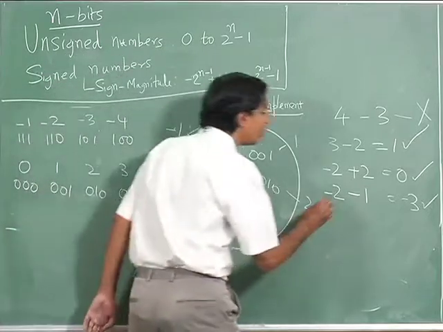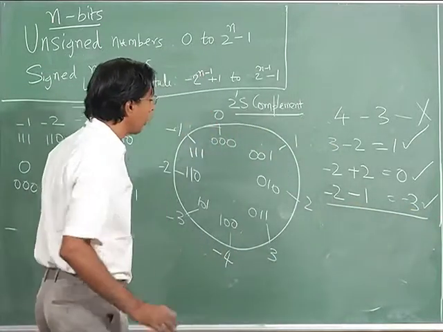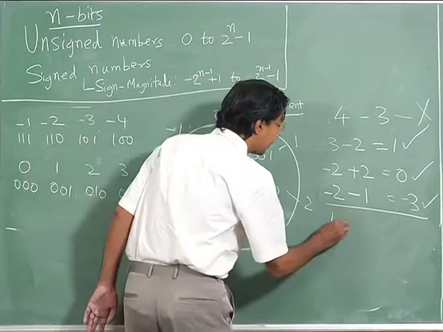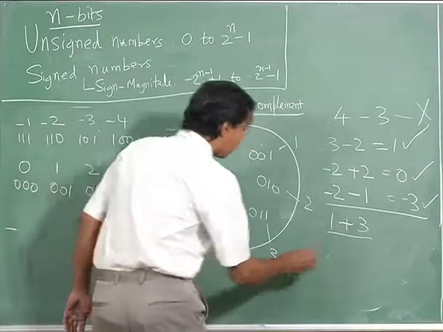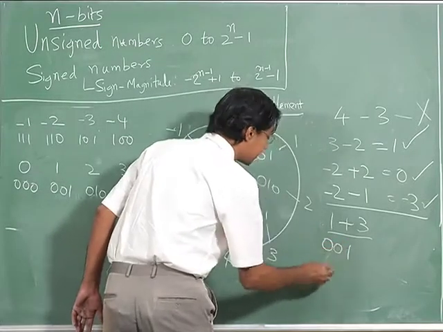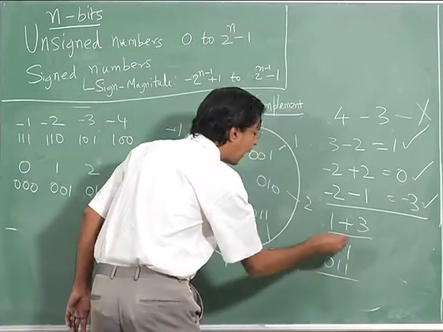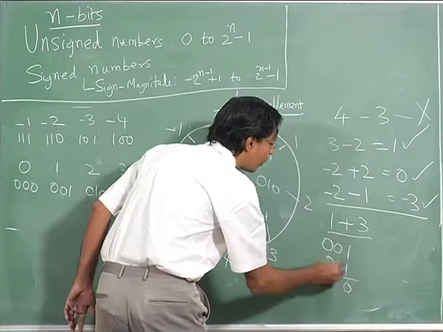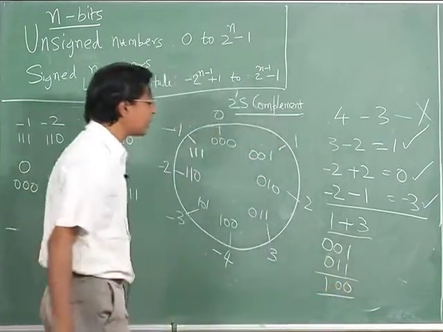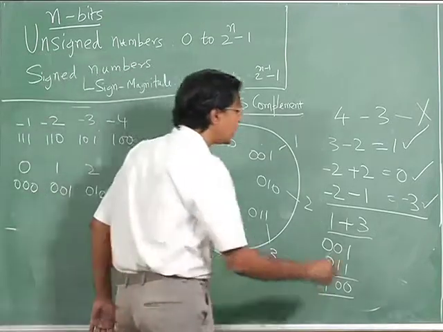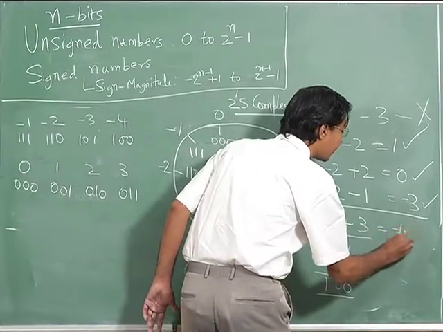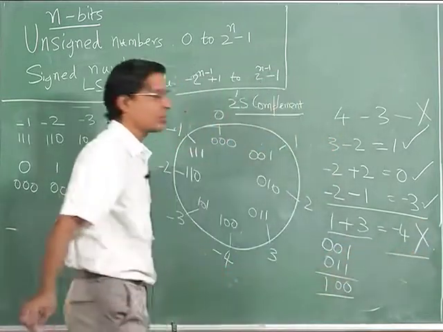Now let us take two interesting situations. Suppose I want to do 1 plus 3. What is 1? 0, 0, 1. 3 is 0, 1, 1. When I add this, 1, 1 is 0, 1, 1 is, I get 1, 0, 0. And note what is 1, 0, 0? It is minus 4, which is wrong.